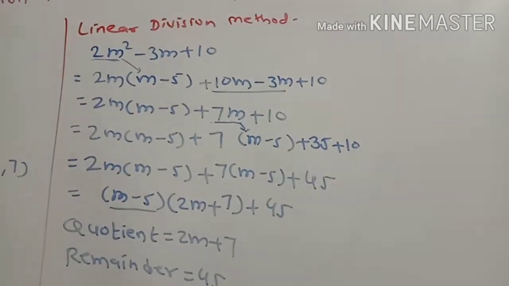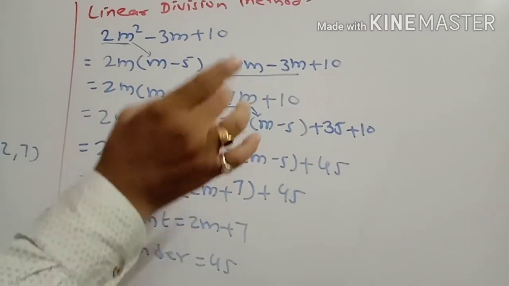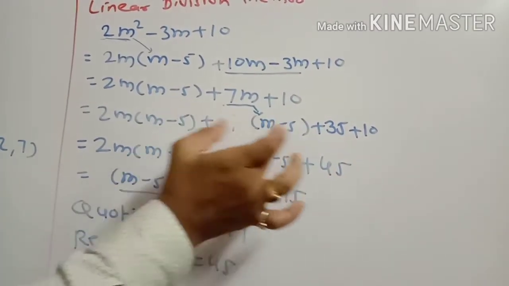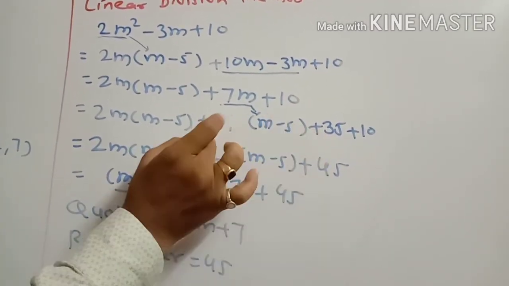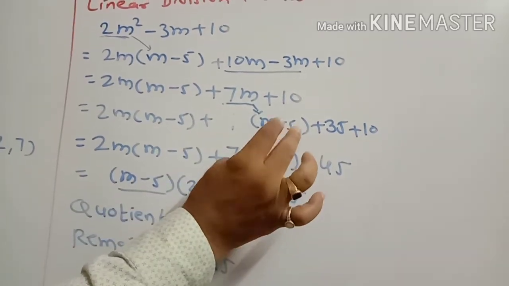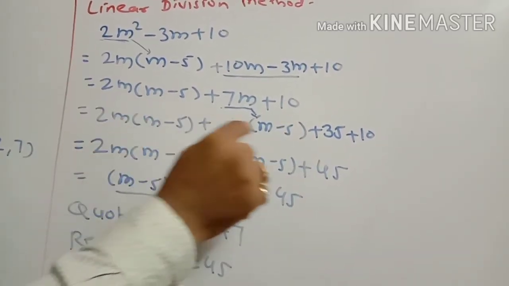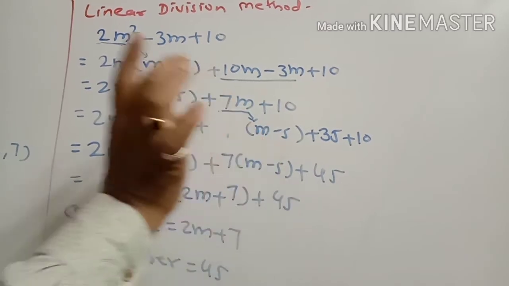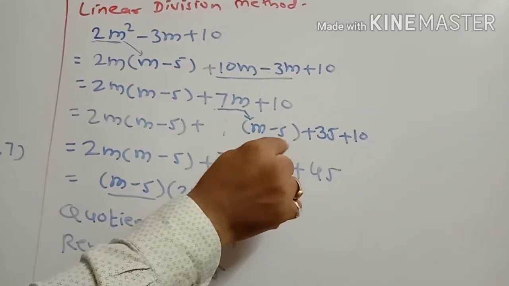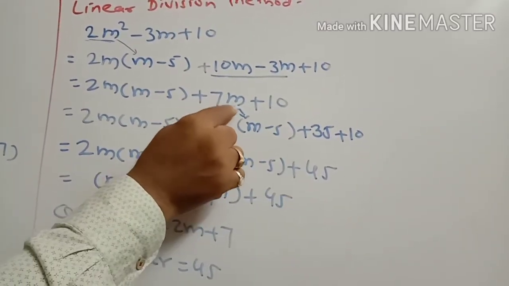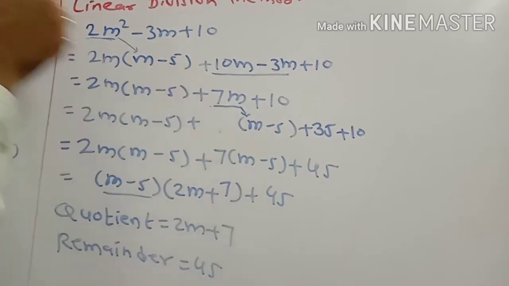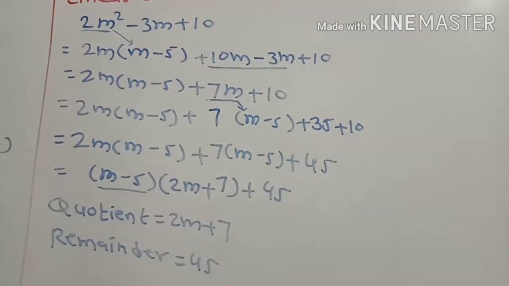Now again take the same procedure. Plus, I write m minus 5 after some distance of this plus sign, which is the divisor. Each time write the divisor. Now from this divisor m minus 5, from this 7m, m we write in bracket, the remaining term is 7, therefore here we write 7.